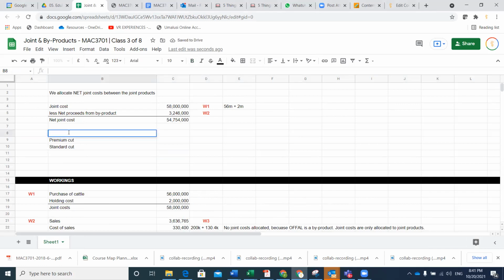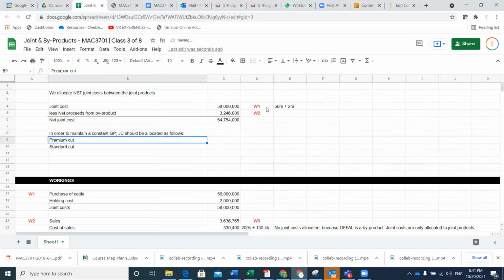So in order to maintain a constant GP, joint costs should be allocated as follows. Okay, I'll explain now.